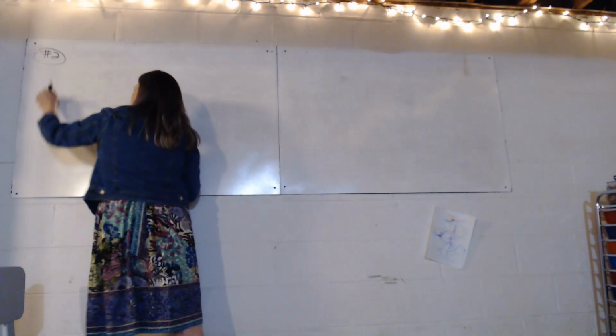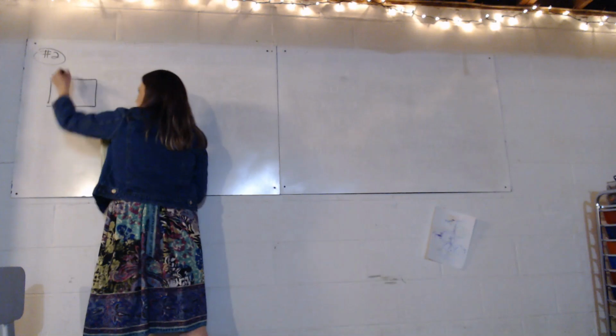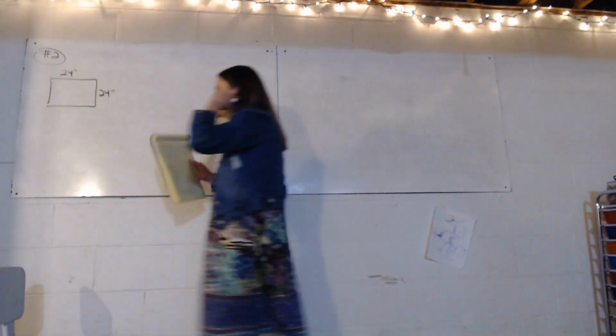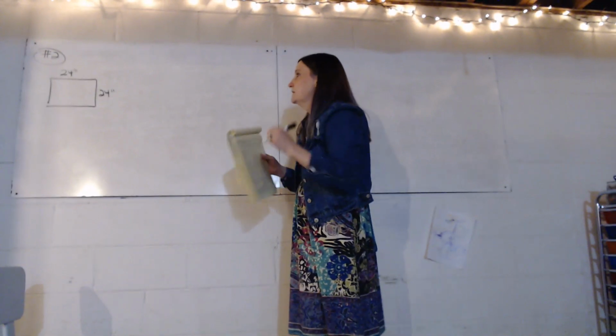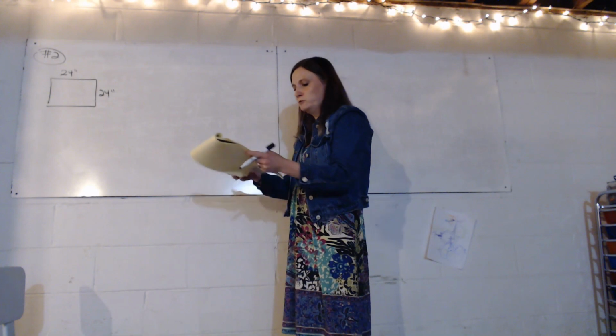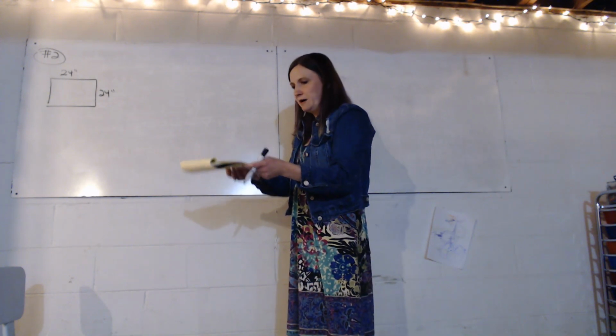Okay, so you had a square, and that's supposed to look like a square, that's 24 inches on each side. And what you're going to do is cut squares out of the corner of each side so that you can fold it up and make a box.